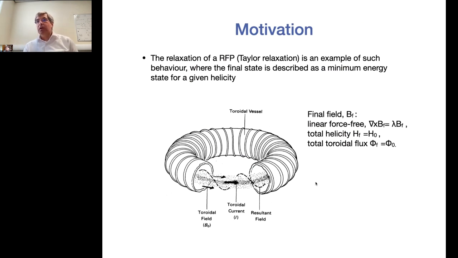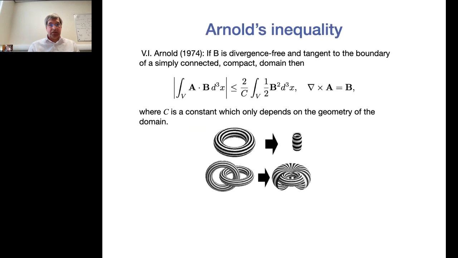And this prediction was verified and was very successful. The linear force-free field is one which minimizes the energy, and we'll see a little bit more how that comes about in the next slides.